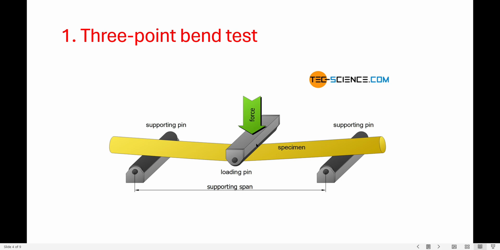In order to determine the information on the bending behavior of materials, especially brittle materials, the specimen is bent with increasing force by a centrally located loading pin. Due to the three contact points, two at the supports and one at the loading pin, this test is called the 3-point bend test.